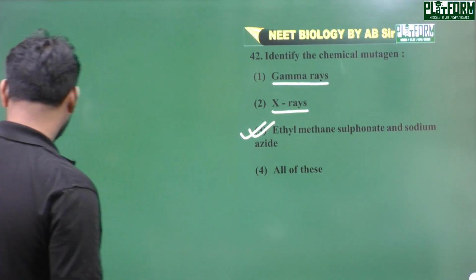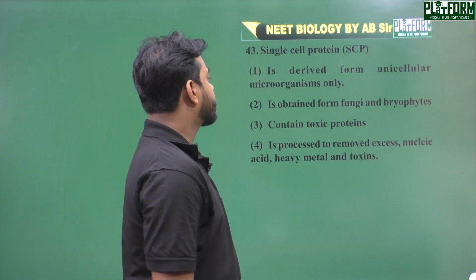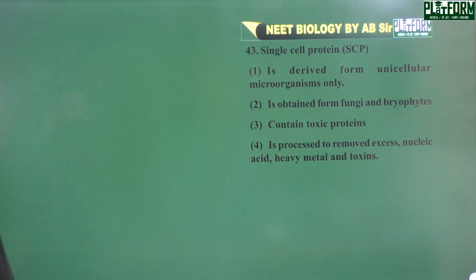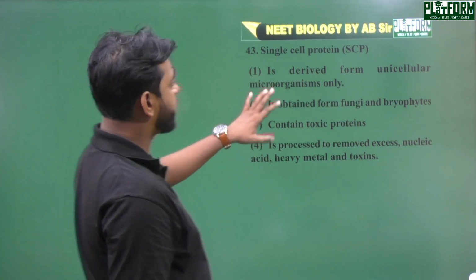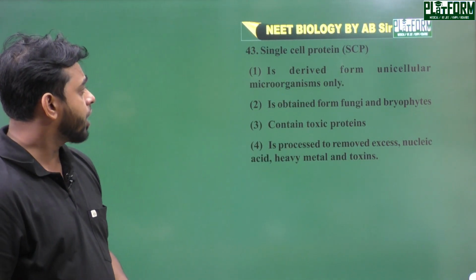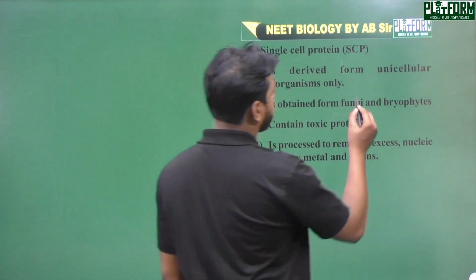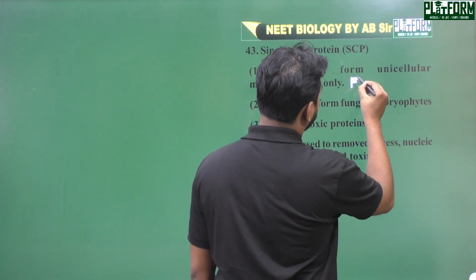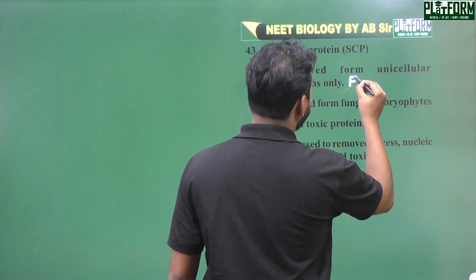Okay. The next question, the single cell protein. Which of the following statements is correct for this single cell protein? Now, it is derived from unicellular microorganisms only. No, it is a false statement. Why?